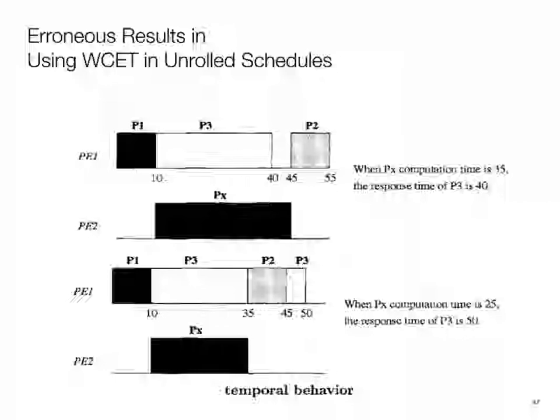I designed a system where Px had 35 units of time, and everything worked fine. Then I replaced processing element 2 with a faster processor. Why should replacing a CPU with a faster CPU suddenly make the system miss a deadline? But that's exactly what will happen here.